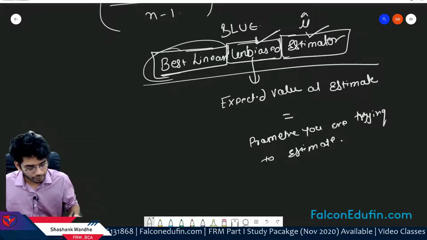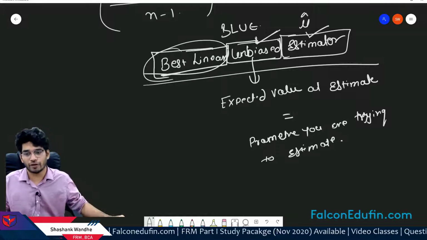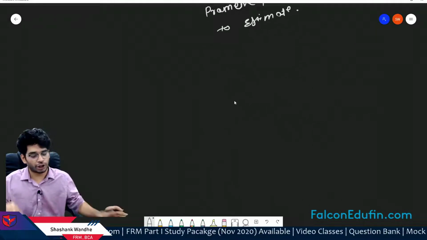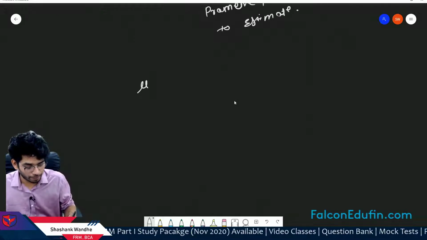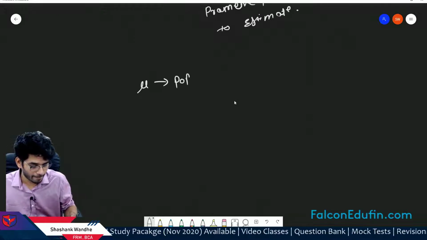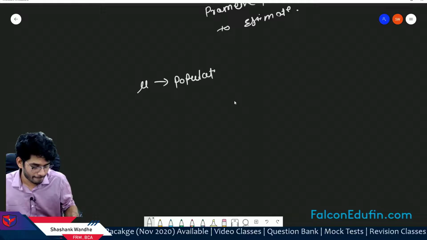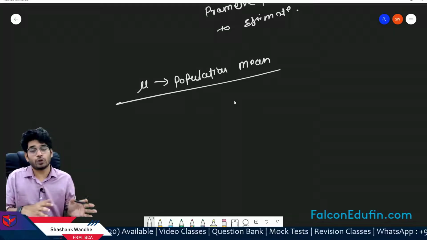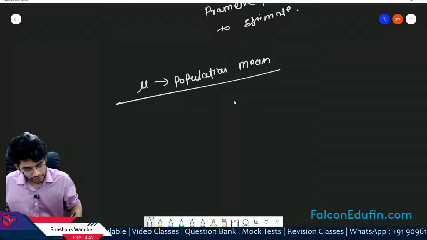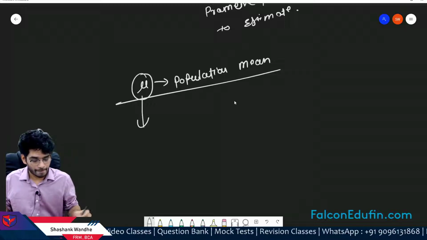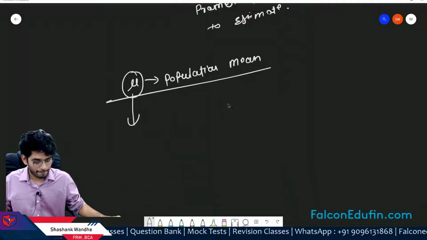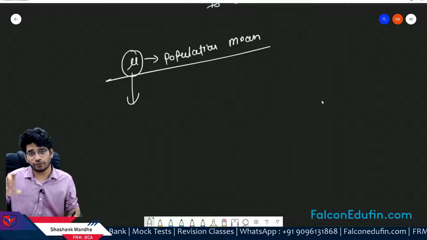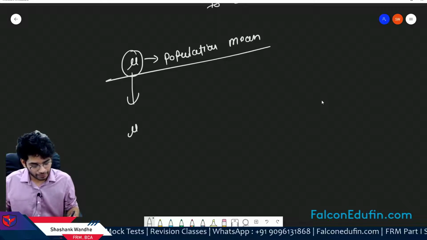And then best linear, what is the meaning of best linear? So there are different methodologies to estimate the population mean. Out of those different methods, we go with the calculation of your estimated mean.